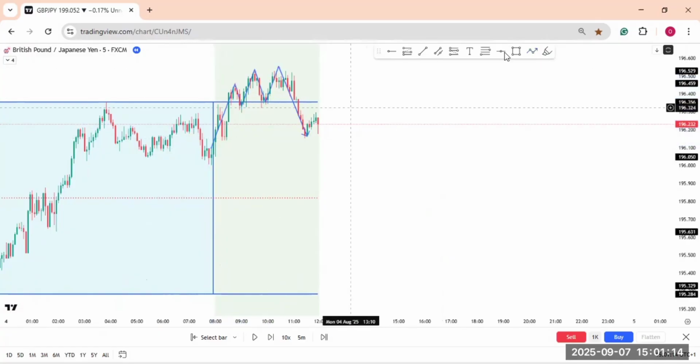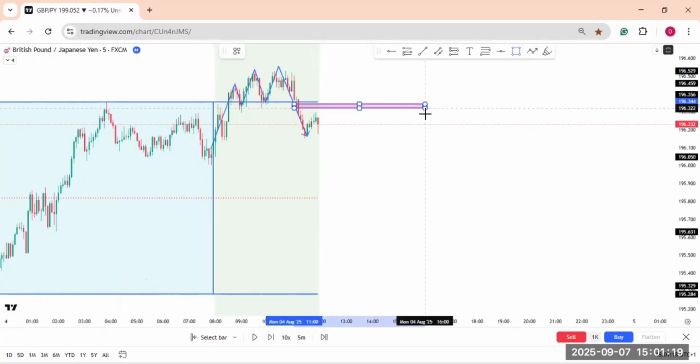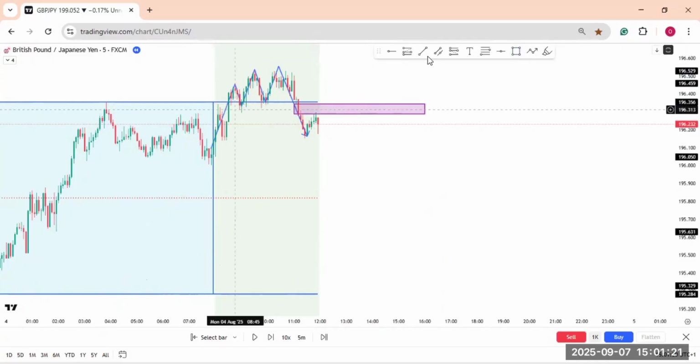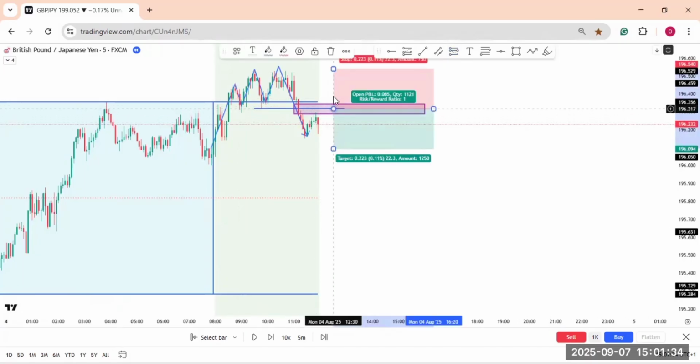So here we have our fair value gap where the change of character is occurring, because the change of character happened here. So we have our fair value gap at the change of character. We will take our short at this particular level. So set your sell limit at that.